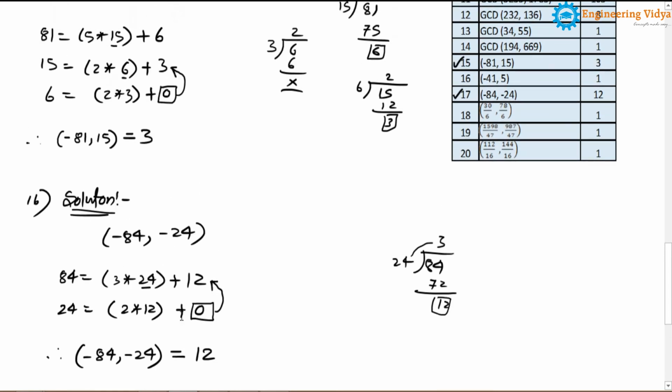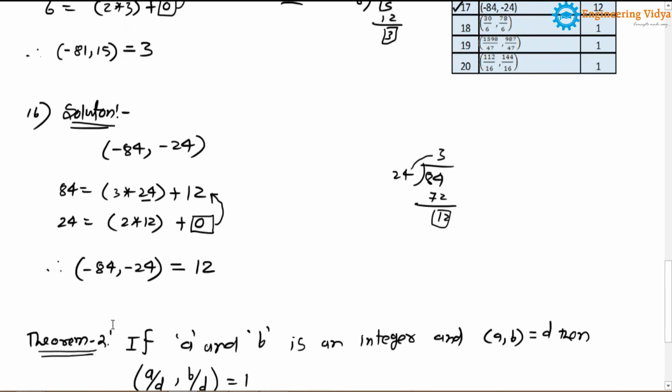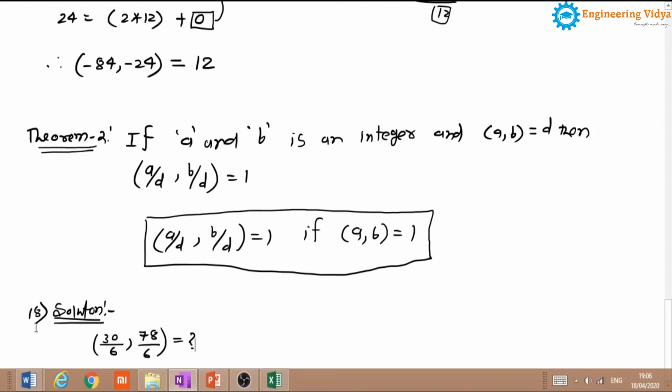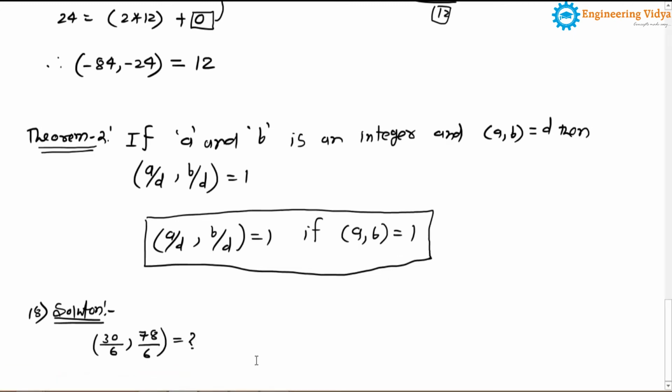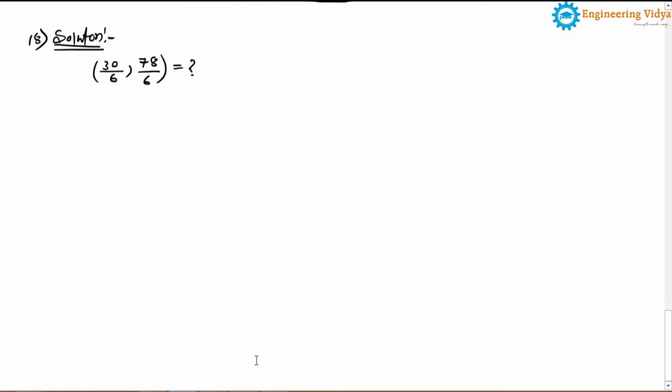Here they have given 30 by 6, and the second term is 78 by 6. And we have to solve this. So first of all, 6 is given, so first we'll find the GCD.